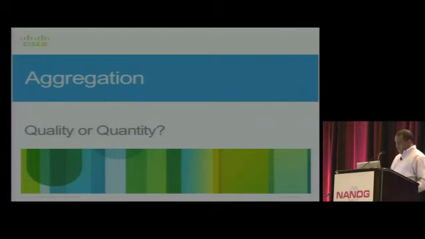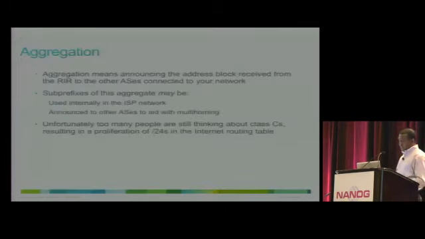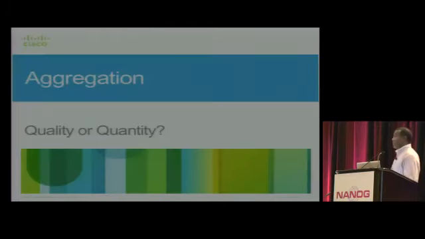Okay, so aggregation. If you notice the question here, quality or quantity: when you aggregate, you are reducing the size of your routing table and improving the quality of the internet in general, and we'll see the reason why.